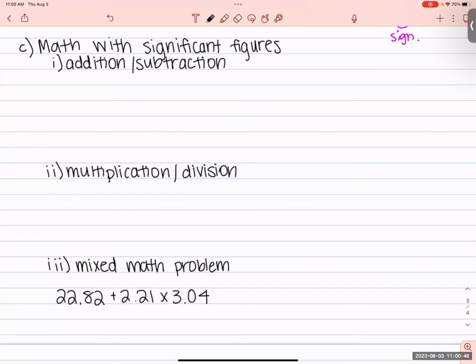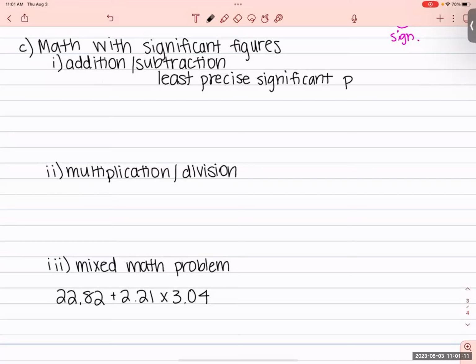The addition subtraction rule says the lowest place value, it's not the lowest, let's see, the least precise significant place value.